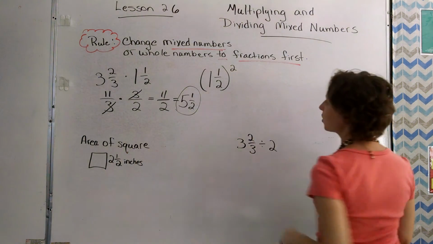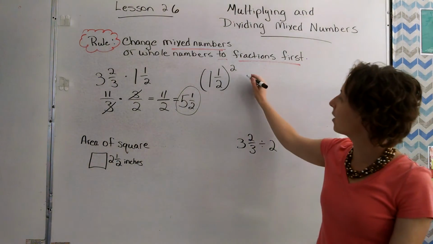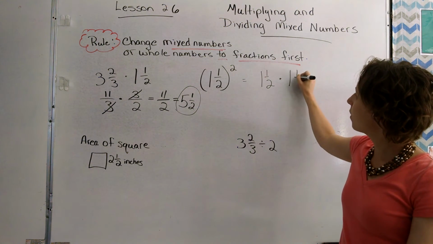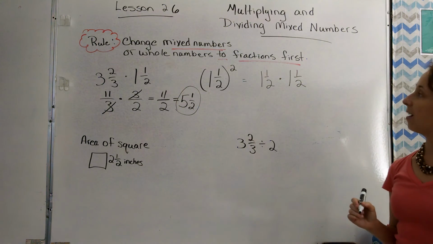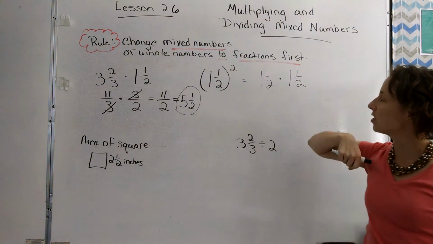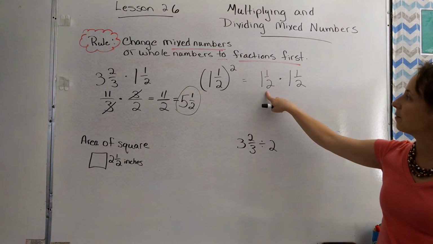1 1/2, and I want to square it. So that means I could rewrite this as 1 1/2 times 1 1/2. Okay? Here's our new rule for today. Change our mixed numbers and whole numbers into fractions first. I have 2 mixed numbers.